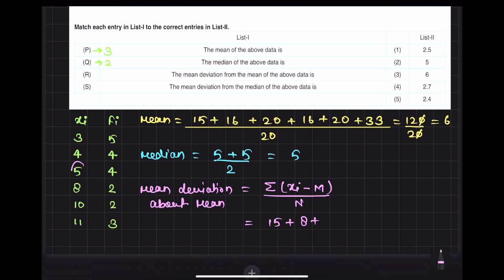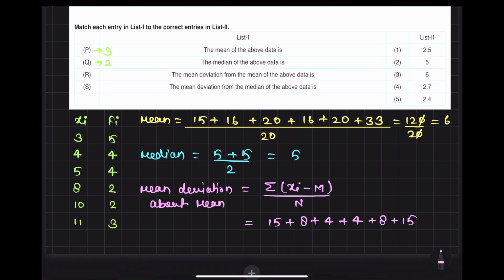Now 5 minus 6 is 1, 1 times 4 is 4. 8 minus 6 is 2, 2 times 2 is 4. 10 minus 6 is 4, 4 times 2 is 8. Then 11 minus 6 is 5, 5 into 3 is 15.